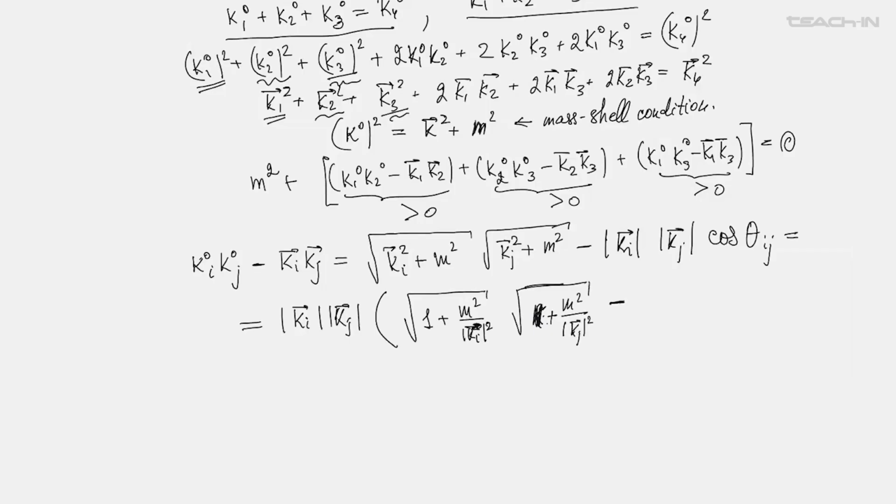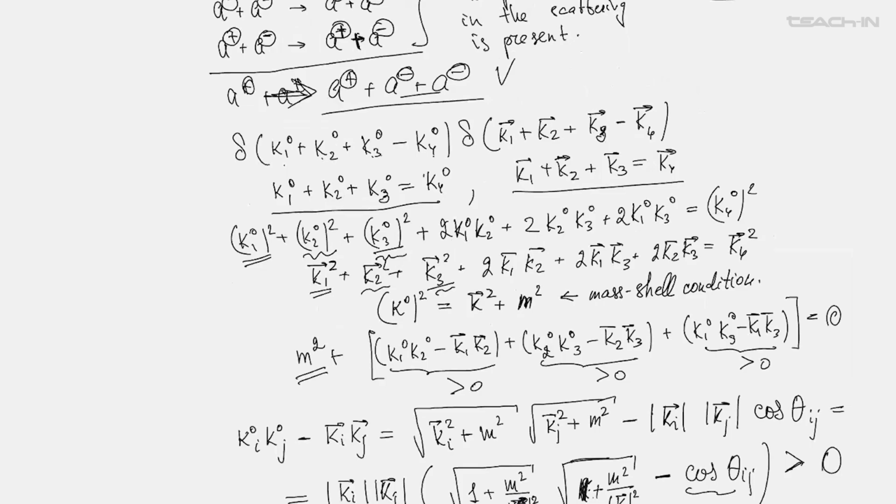And you see that this expression here is bigger than 1, while cosine is less or equal to 1. And so the result is always positive, and there is also m squared on the top. And so this kinematic situation where you have 3 particles in and 1 particle out, or the other way around, 1 particle in and 3 particles out, is never realized.